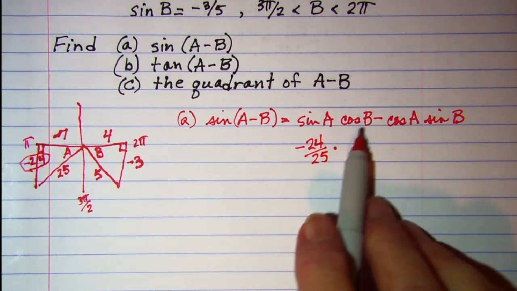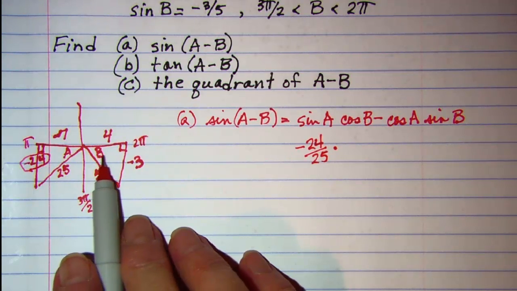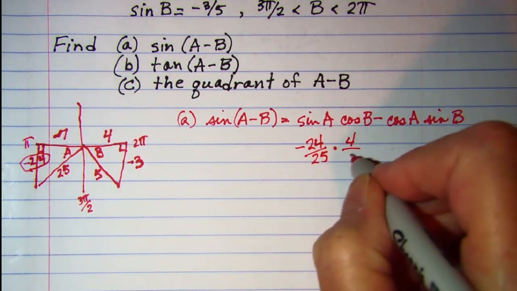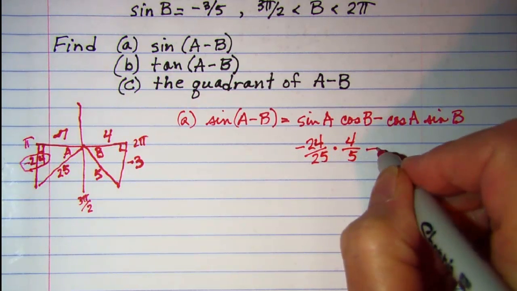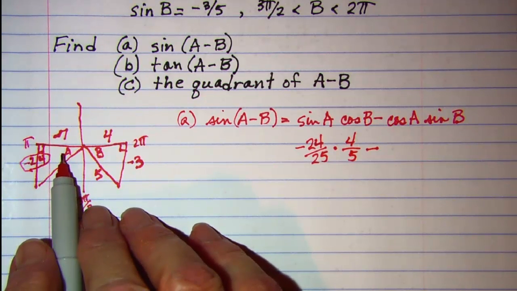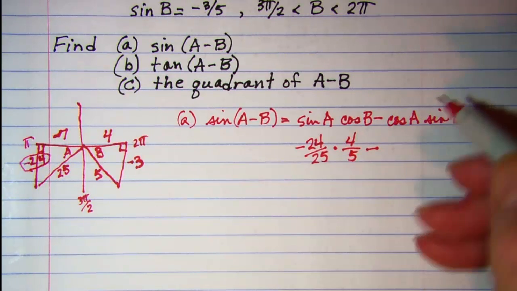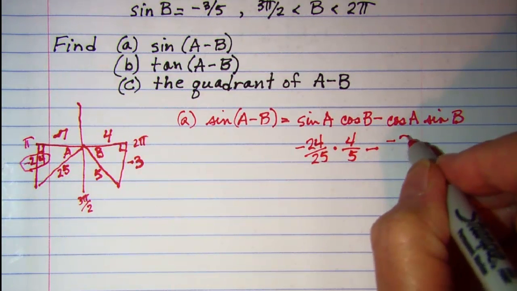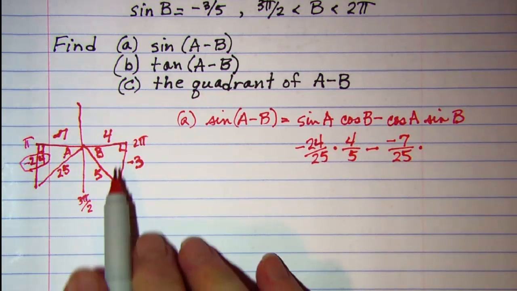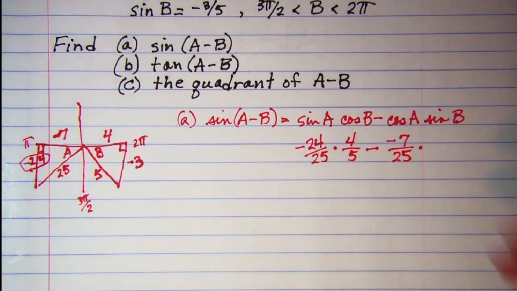Times, and then the cosine of B, that's adjacent over hypotenuse. So that would be 4/5. Minus, and then I need the cosine of A, so that'll be negative 7/25 times the sine of B, which is opposite over hypotenuse, so negative 3/5.